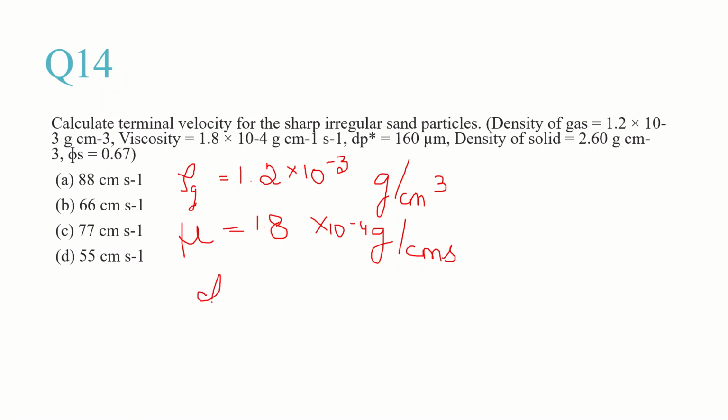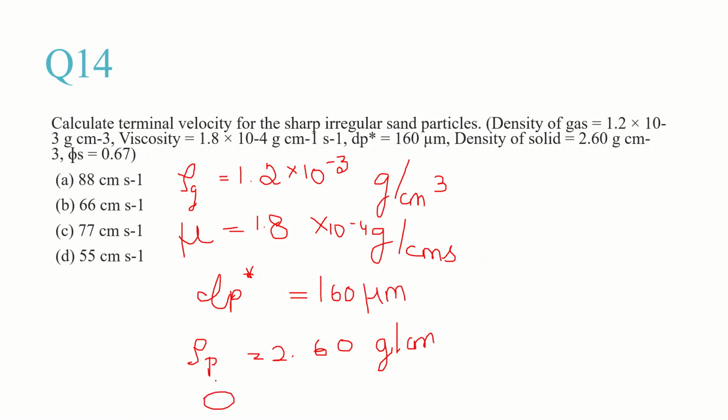The effective particle diameter, dp star, is 160 micrometer, and the density of the solid is 2.60 gram per centimeter cube. And phi s, that is the particle sphericity, is 0.67.